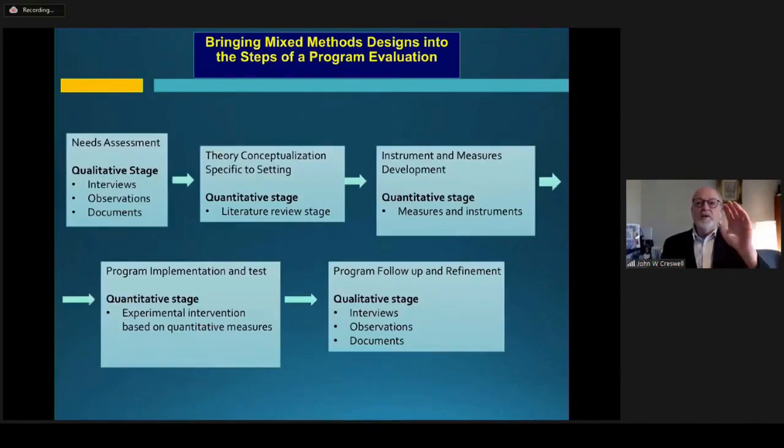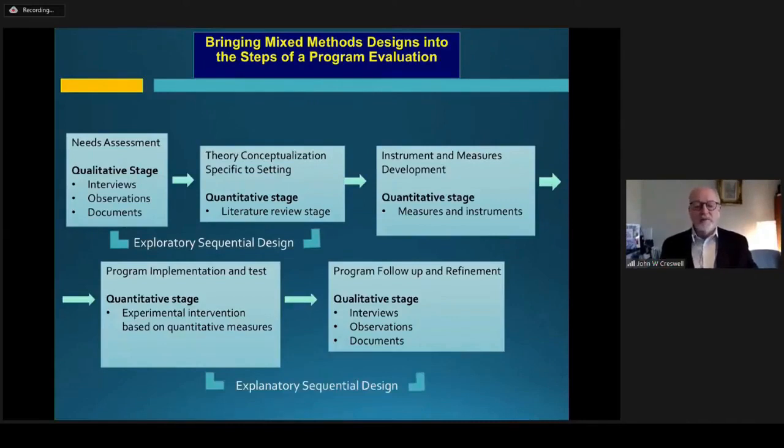We can also embed qualitative data into the evaluation. Let's say we want to evaluate a project. And there are steps or stages in our evaluation: a needs assessment, theory, developing instruments, testing them out, following up. But you see right here, this is really embedding an exploratory sequential design into the steps of a program evaluation.